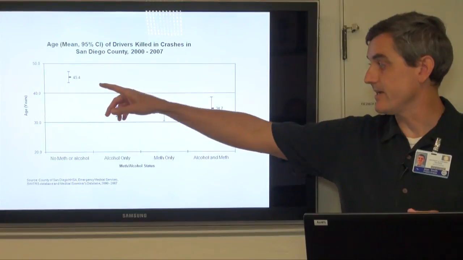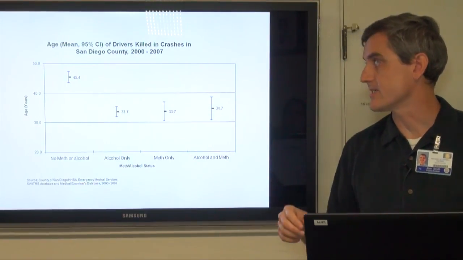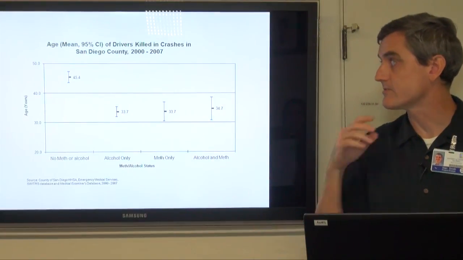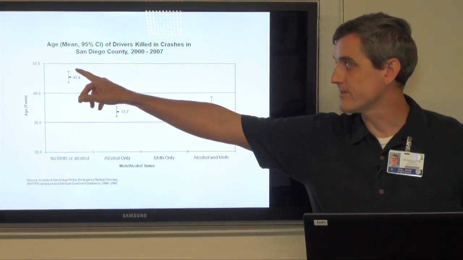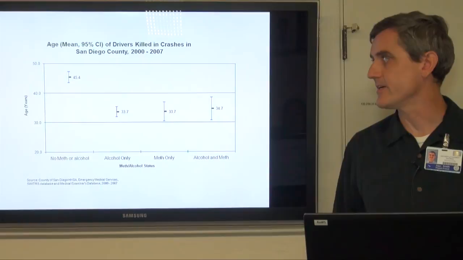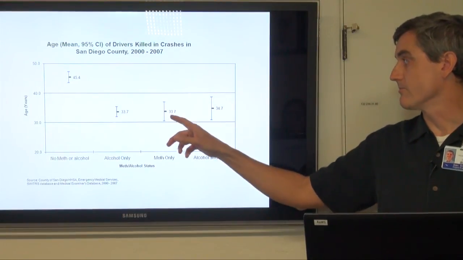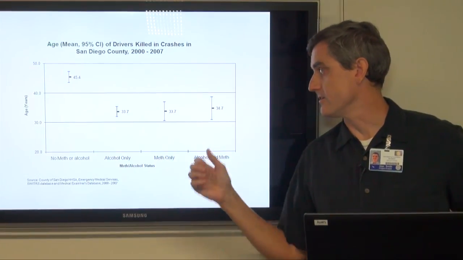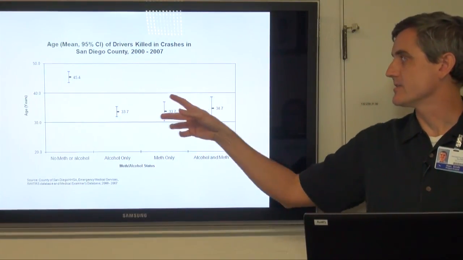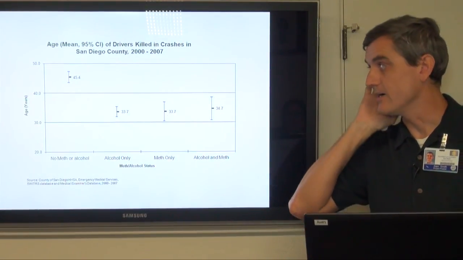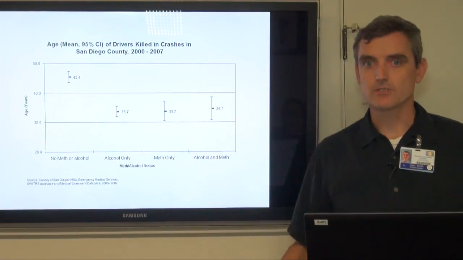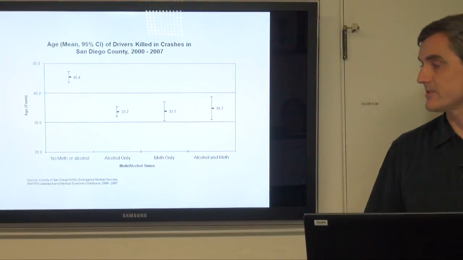And we can see that for those that did not test positive for either meth or alcohol, the average age was 45.4, and here's our 95% confidence interval there. And the others were right around 33, 34 if they're positive for alcohol or meth. And we can see the size of that confidence interval here, not even coming close to the overall confidence interval there.